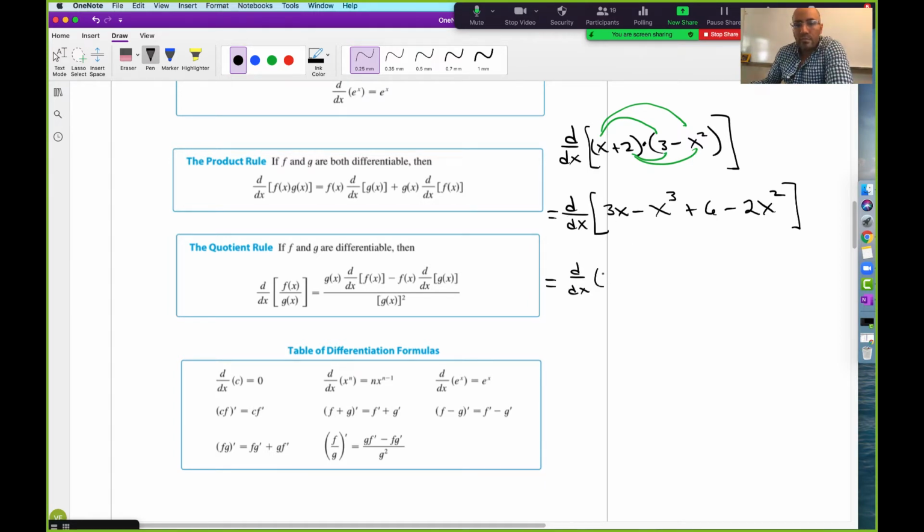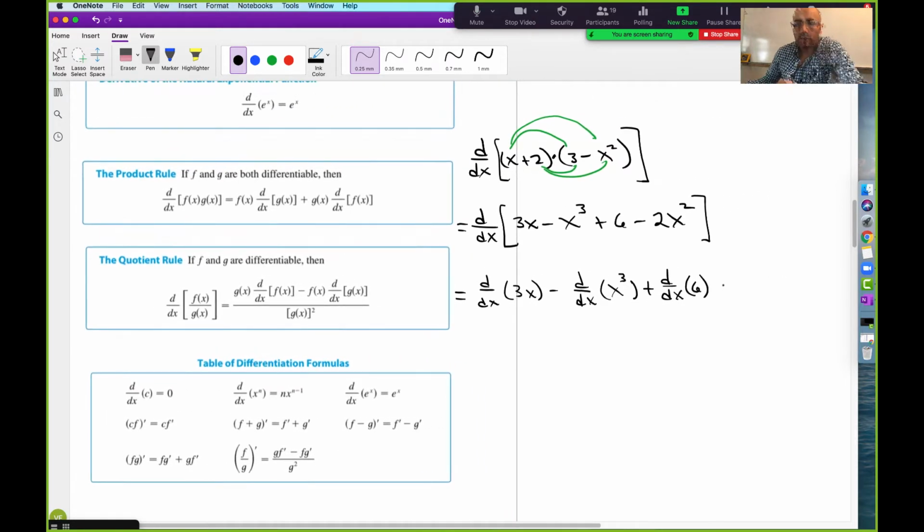And now we know that we can find the derivative of each one of these separately and then add or subtract them. So that's this minus this plus this minus d/dx of this.